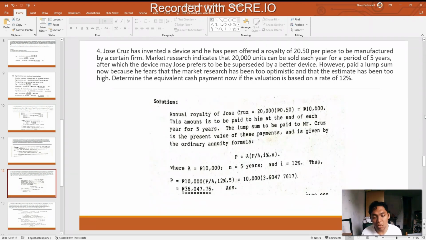So we now determine the equivalent payment in cash if the valuation is based on a rate of 12%, the lump sum. So this is now the solution.